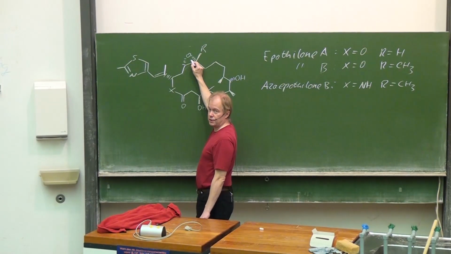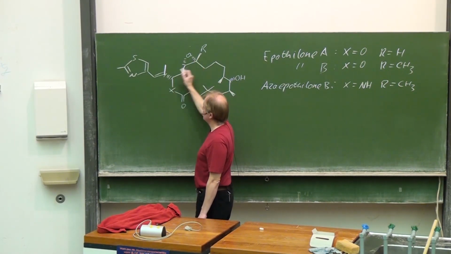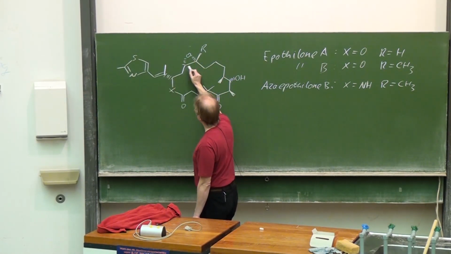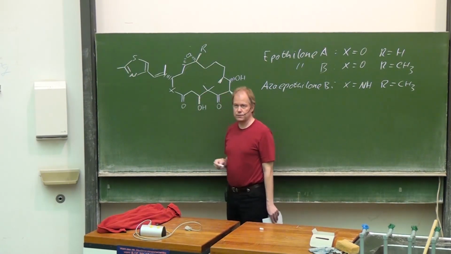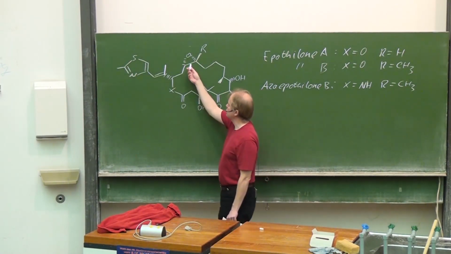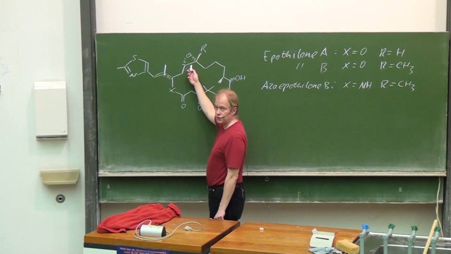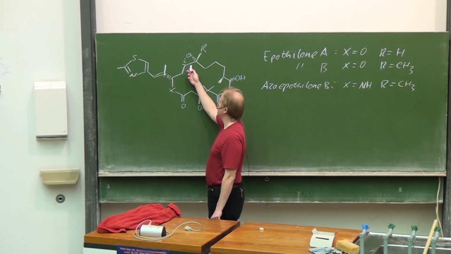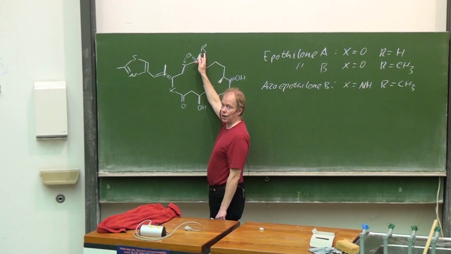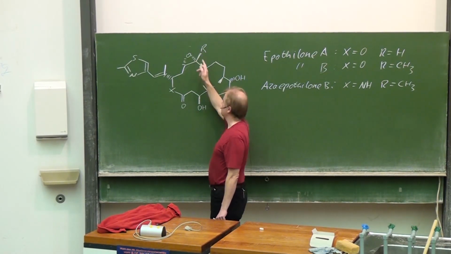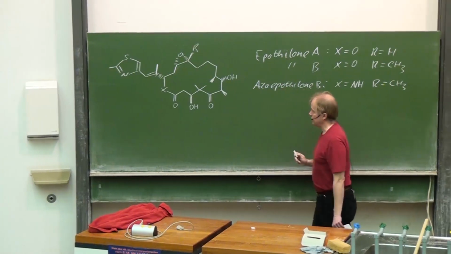It's a good idea to introduce the epoxide in the last step of the synthesis. Having an olefin here and an olefin there, they have different reactivity. This one will be easier to access, especially if R is just hydrogen. So we should aim for the analysis of Epothilone A.